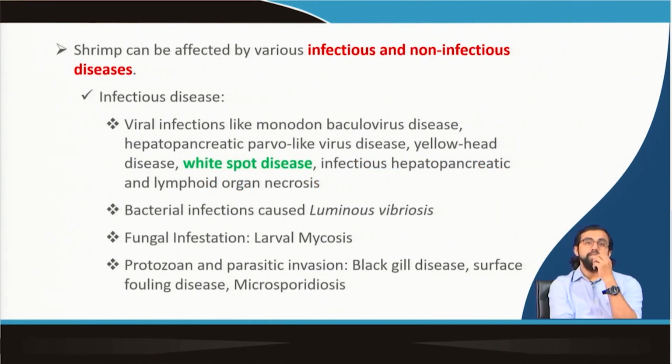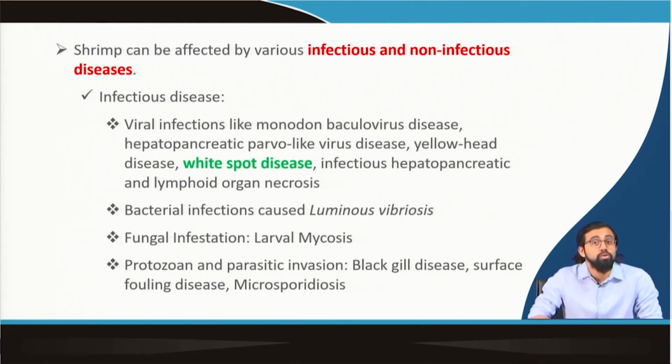Shrimps can be affected by various infectious and non-infectious diseases. Infectious diseases like white spot disease, which is the most common. Other than that, there is yellow head disease, infectious hypodermal and hematopoietic necrosis, and lymphoid organ necrosis.